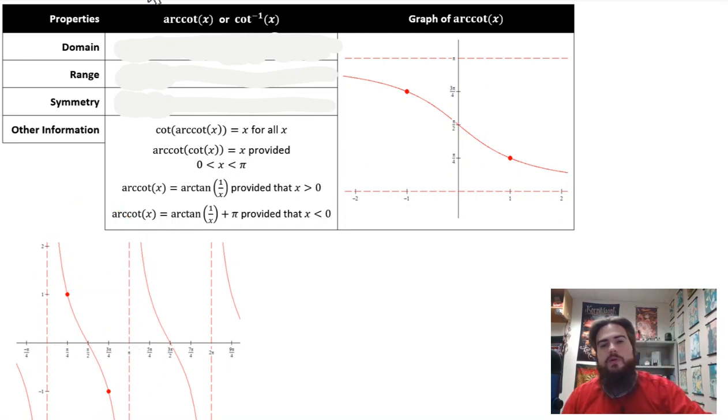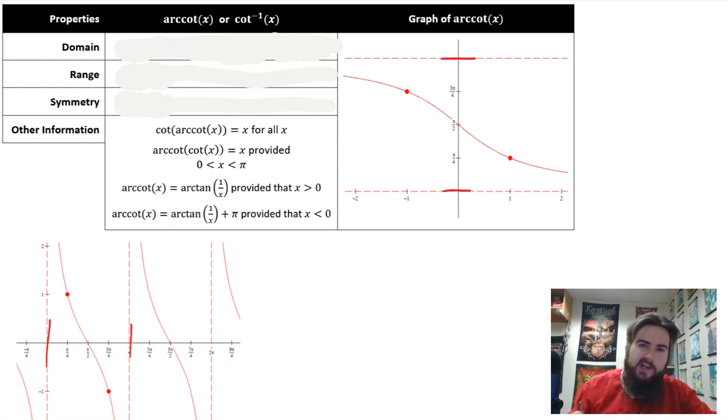The set of asymptotes that we will use here are the set of asymptotes from the y-axis at 0 up to x equals pi, which means that our inverse of arccotangent will have asymptotes instead at y equals 0 and y equals pi. And then we have our curve that approaches these asymptotes and goes on for infinity.